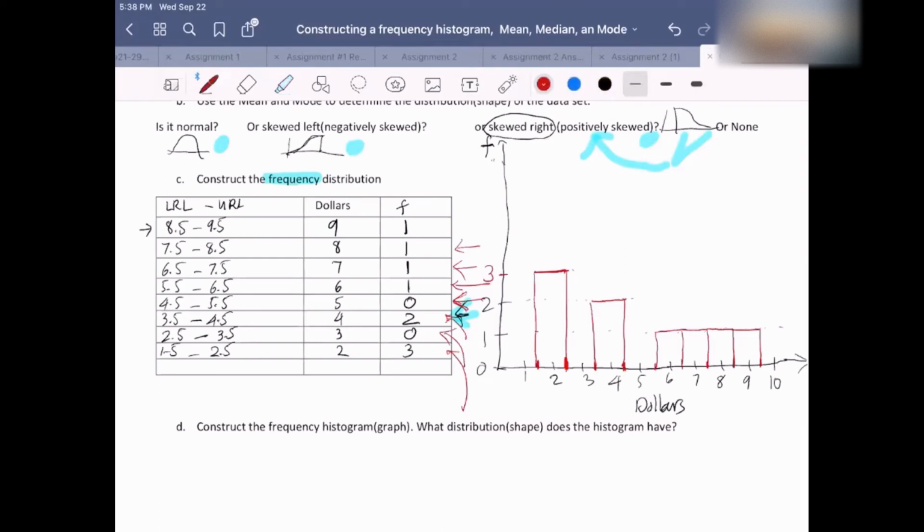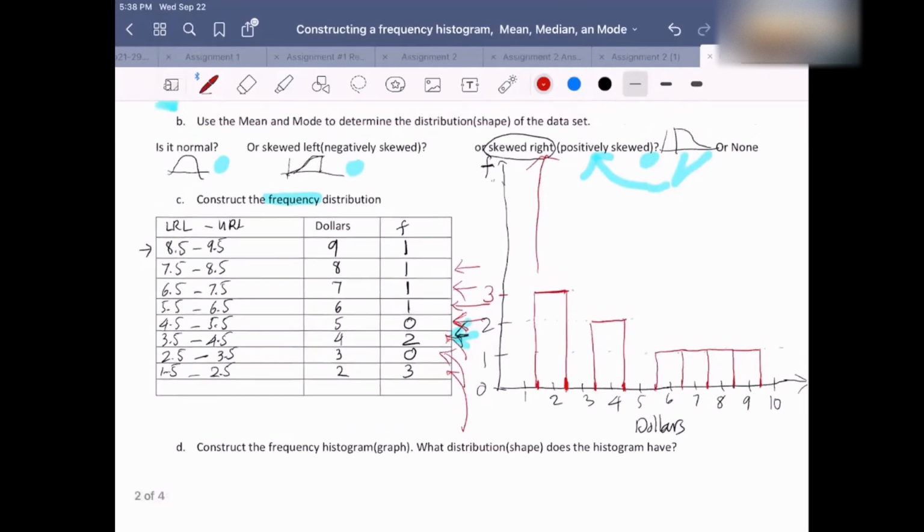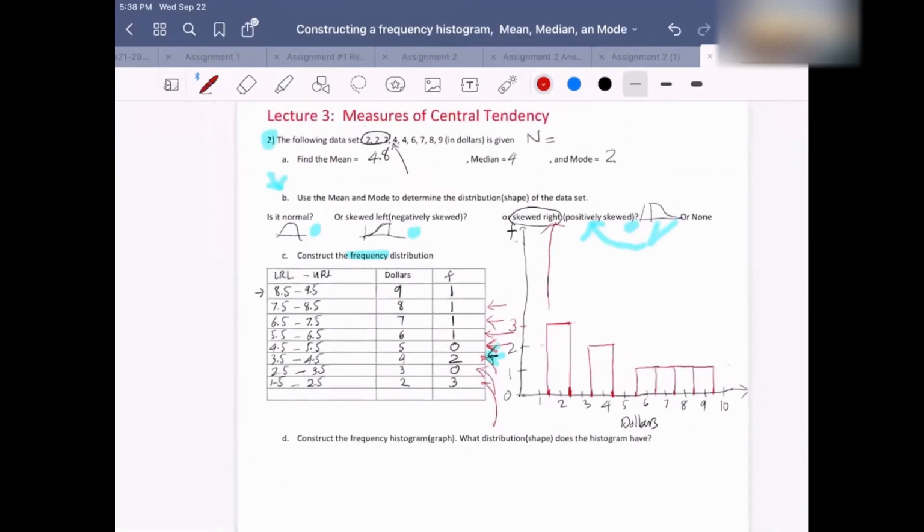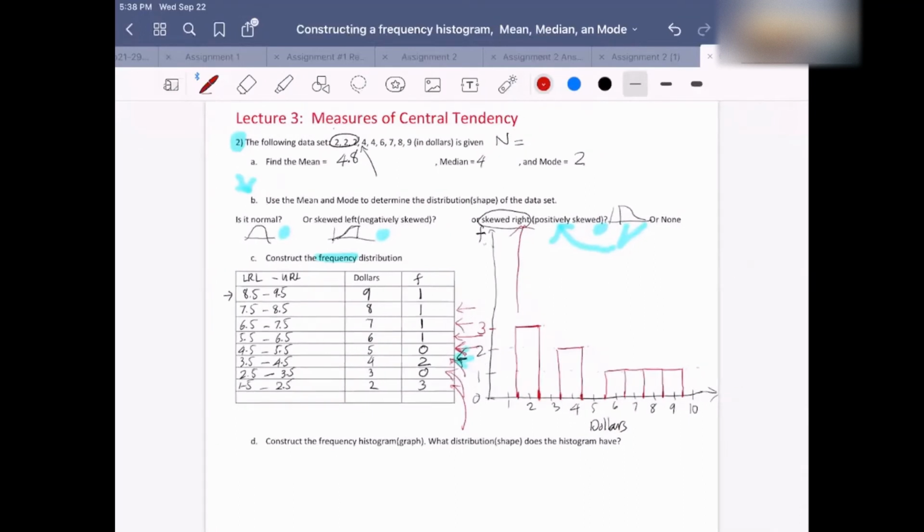All right, so it should be this one, positively skewed or skewed right, okay, when the tail is to the right. All right, so let's check to see if your guess was correct or not, okay? So most of you guessed the answer to be the positive skew, which is correct, okay? All right, good.